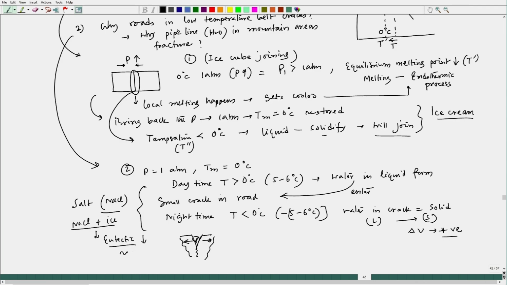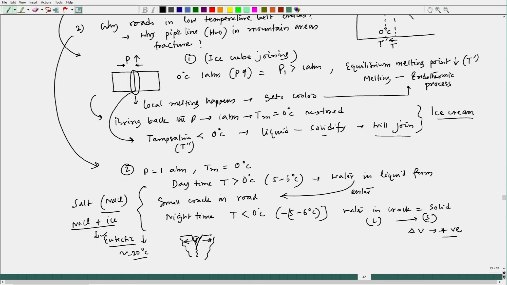Temperature can drop up to around minus 20 degrees Celsius. So, now you see, though the actual temperature is minus 5 to minus 6 degrees Celsius, the water can remain liquid even up to minus 20 degrees. So, that means water will not solidify. Okay. So, that is why a salt mixture is added. We will talk about this eutectic effect when we talk about the binary phase diagram.